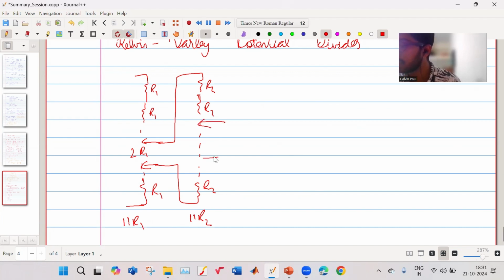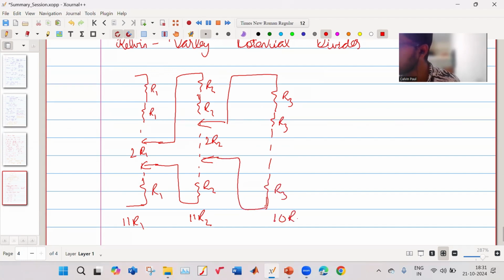Then again over here, there will be a tap between two R2, and that will go to R3. So let us say it goes to the R3 over here. Let us say it is the final stage.